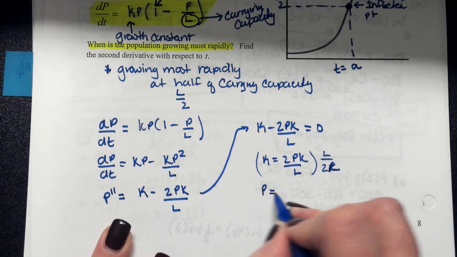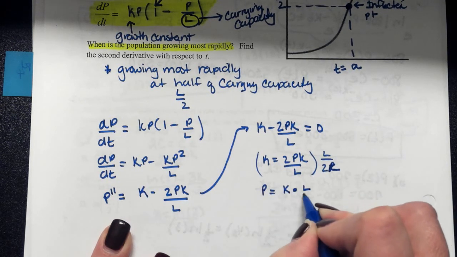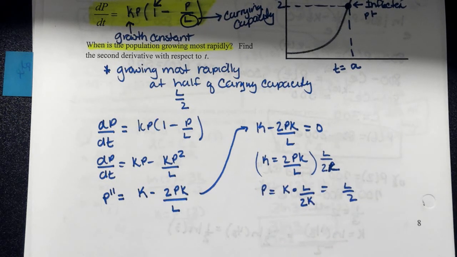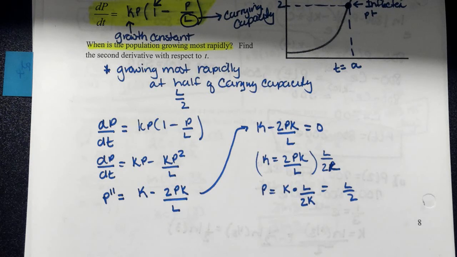So then P is going to be equal to K times L over 2K, or L over 2. So that's where that inflection point turns out to be, and that's why it's growing most rapidly at half of the carrying capacity. All right? So any questions on that?